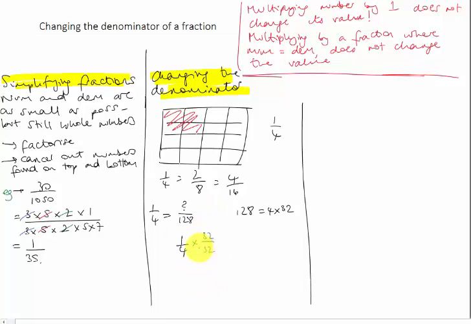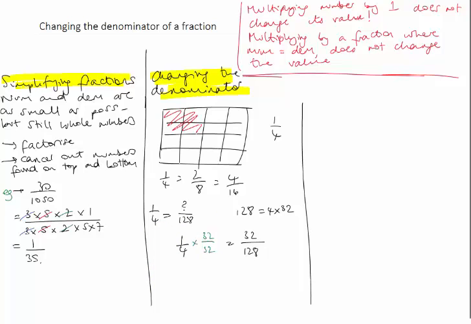We're doing the same thing to the top and the bottom, so we're not changing the value of the fraction. And that gives us 32 out of 128. So I'm looking for what we have to multiply the original denominator by to get the denominator we want. And then I'm multiplying the top and the bottom by that number because that'll keep the overall value the same.